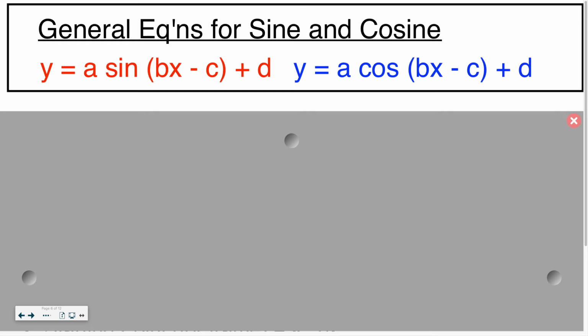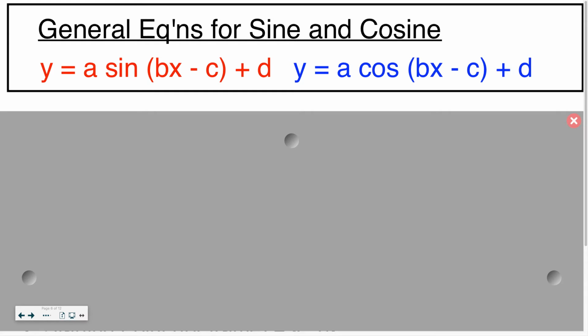So I would make sure I get these 2 equations written down. y equals a times sine of (bx minus c) plus d, and y equals a times cosine, same thing, quantity (bx minus c) plus d.